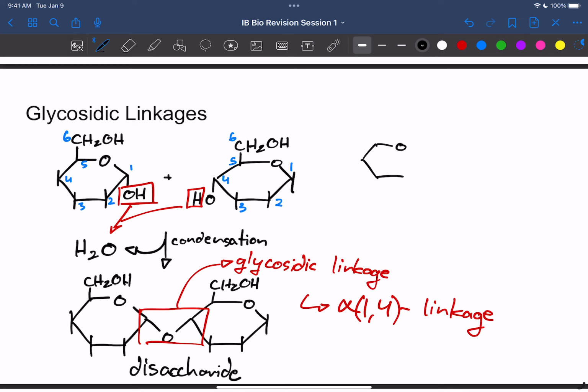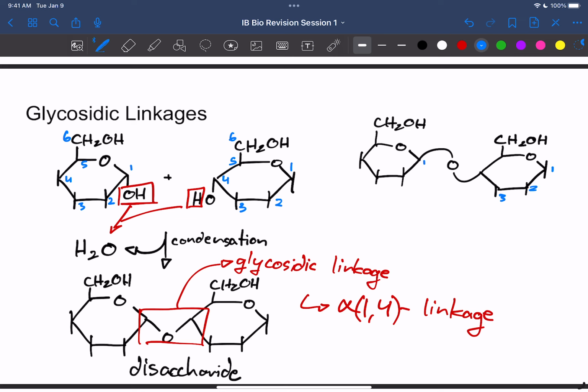So if we were to just draw this again, and instead we have, let's see. Well, if we look at the first sugar, first if we number things here, 1, 2, 3, 4, it's still a 1,4 linkage.